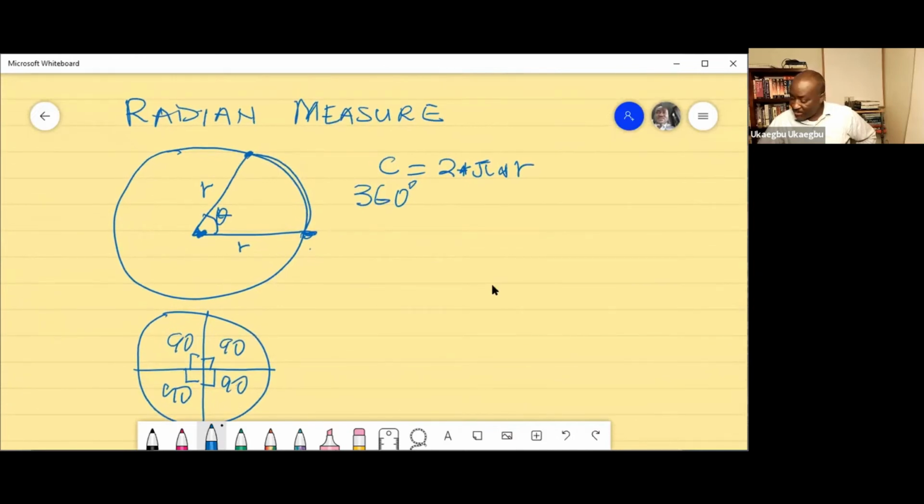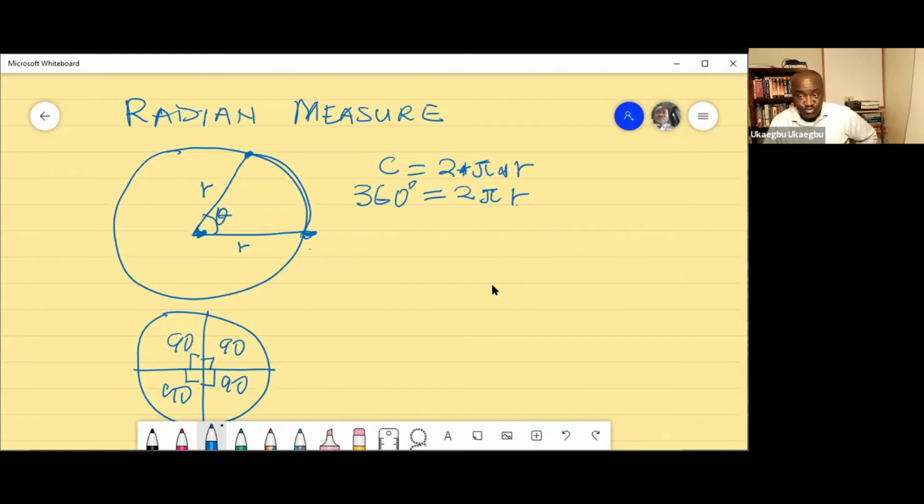Okay, so now we are talking about 360 degrees is also equivalent to what? 2 pi radius. So now if and only if this radius is unit, is 1. If the radius is 1, then this angular measure will now turn to radian.